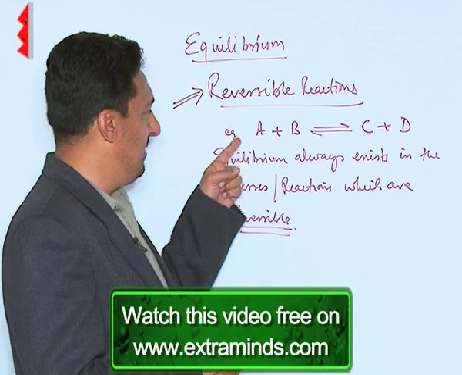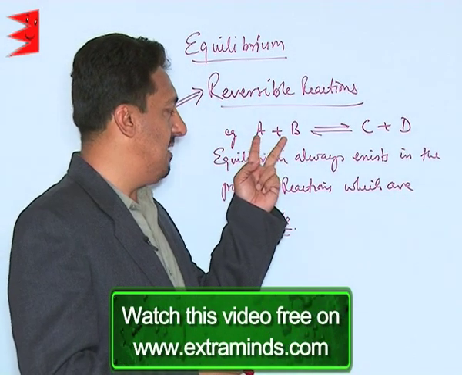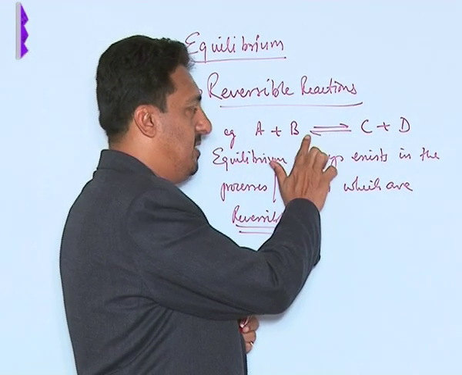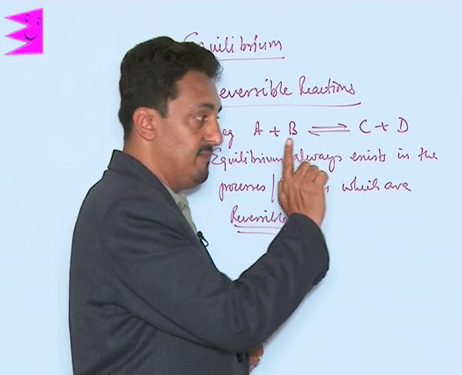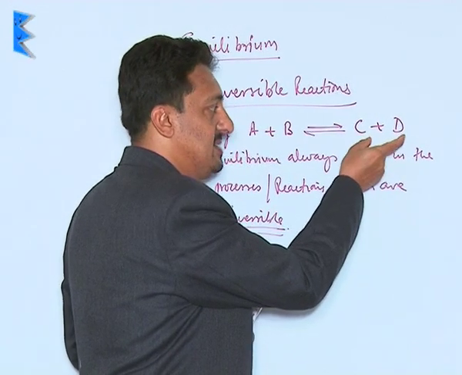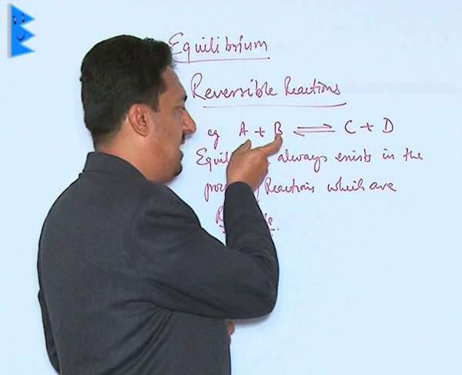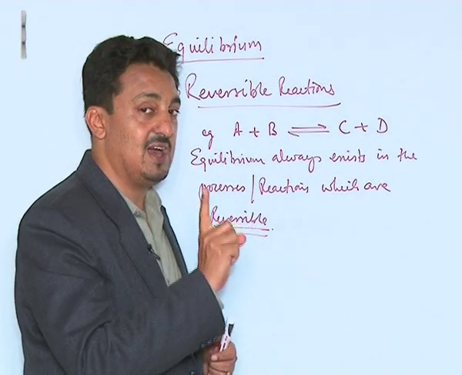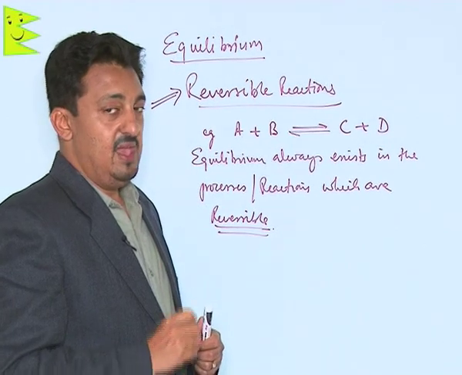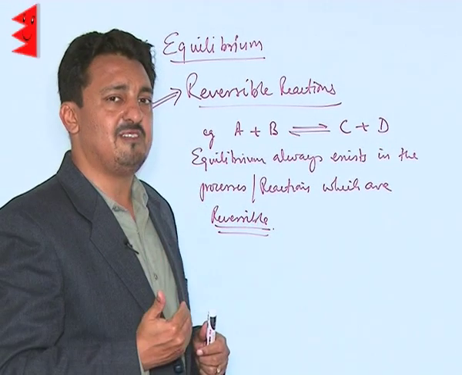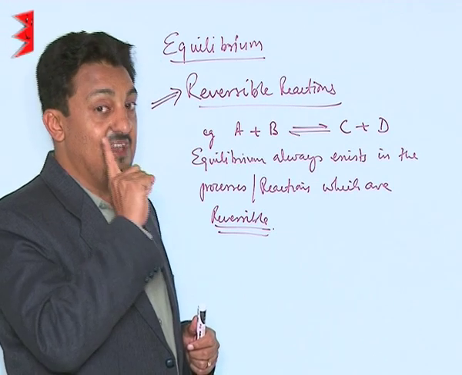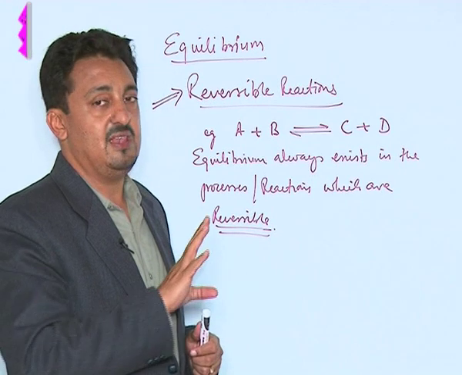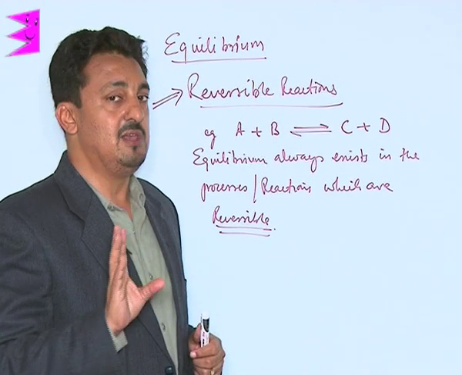I have shown this with an example: suppose A reacts with B to form C and D. I put this sign of equilibrium if and only if C and D under similar conditions are able to form A and B back. Such reactions and processes are reversible reactions. If the products are not able to form the reactants back, remember the process is irreversible, and for such reactions we never have any state of equilibrium involved.